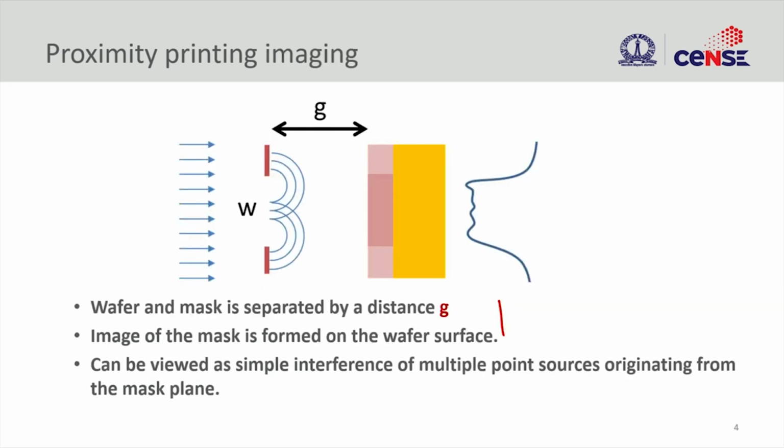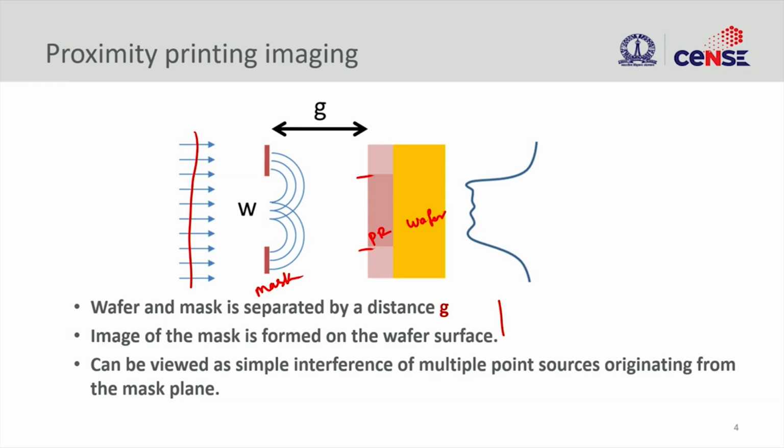And this is what happens when you zoom into the mask and your photoresist coated wafer. This is your wafer, and this is your photoresist, and this is your mask. We have a uniform illumination that is coming onto the mask, and then there is a gap through which you expect the light to propagate and reach the photoresist here.